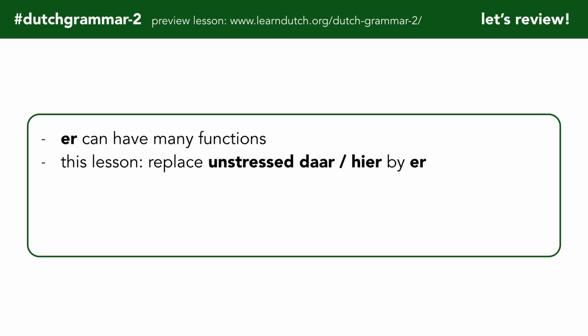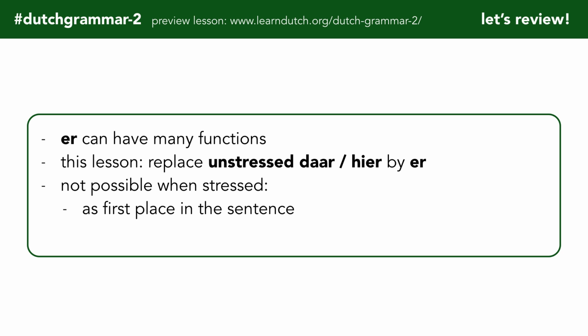Please note, it is not possible to use er when hier and daar are stressed. For example, when it is used in the first place of the sentence, or when you are pointing with your finger. That's it for today.